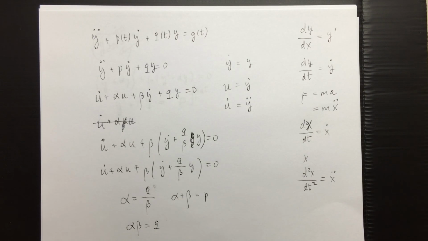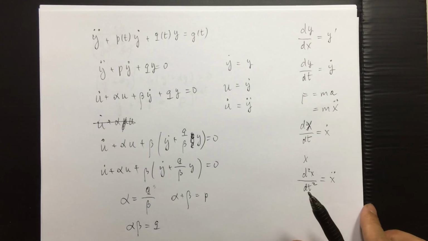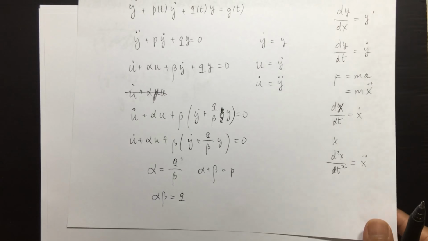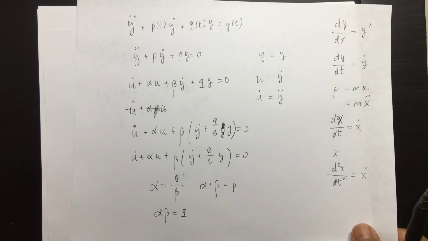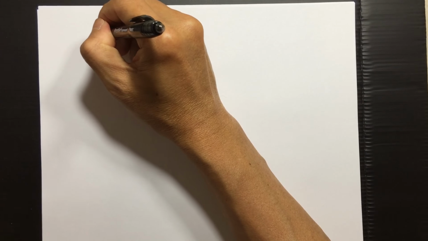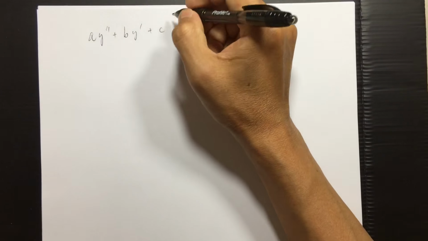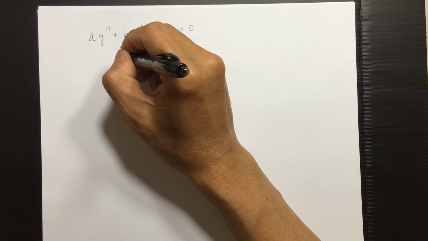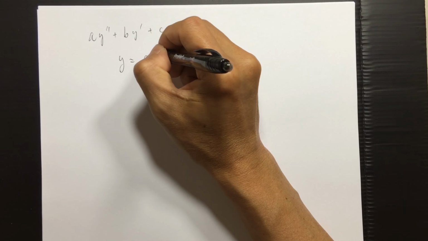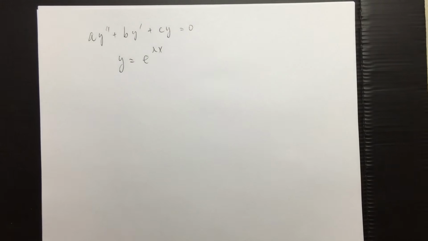In order for this to be a little bit cleaner, we're going to rewrite this, easier for you to look at. We change the symbols to A, plus B, plus C. We're going to assume y equals e to the lambda x. Okay, we're going to assume it.